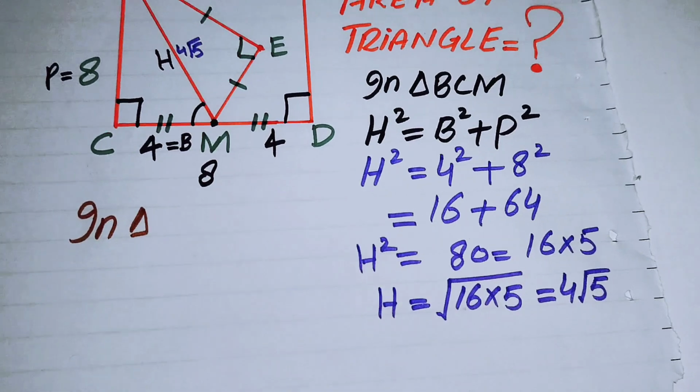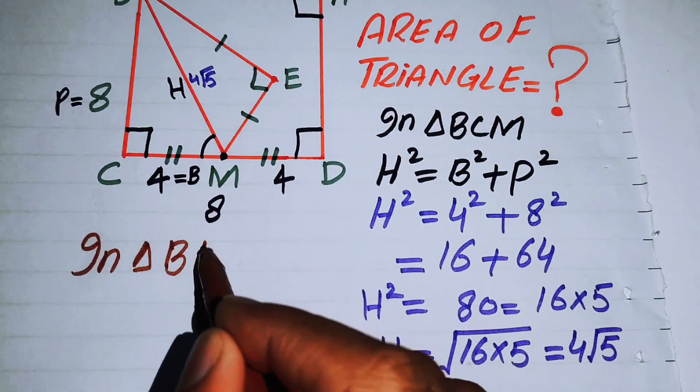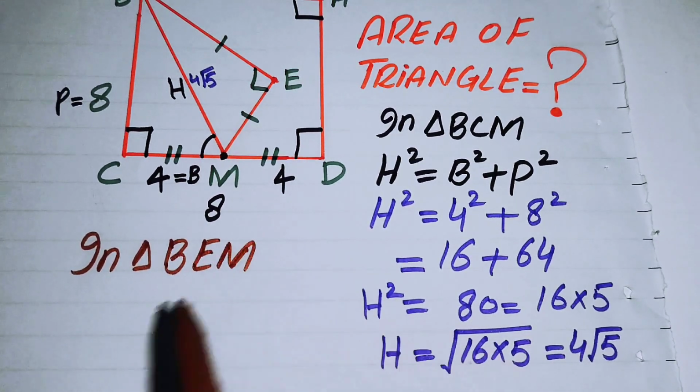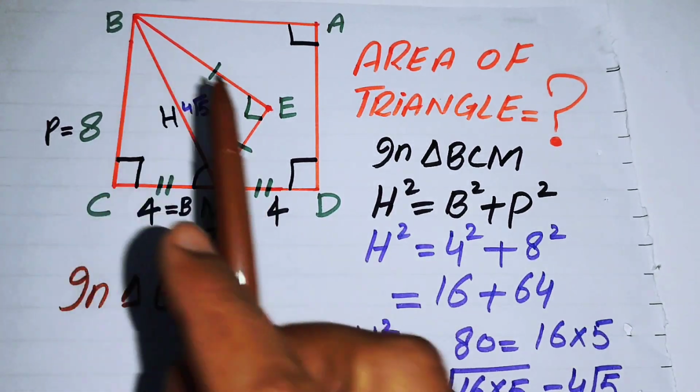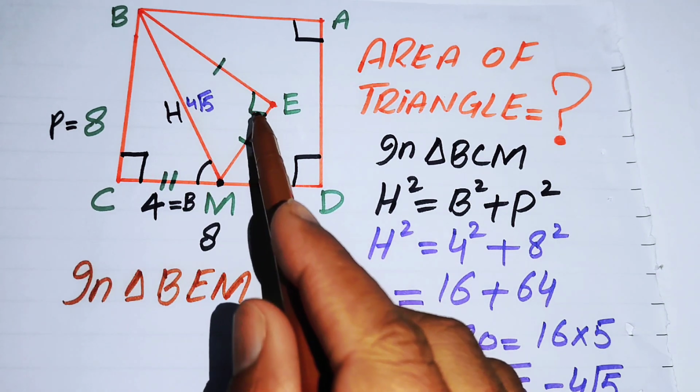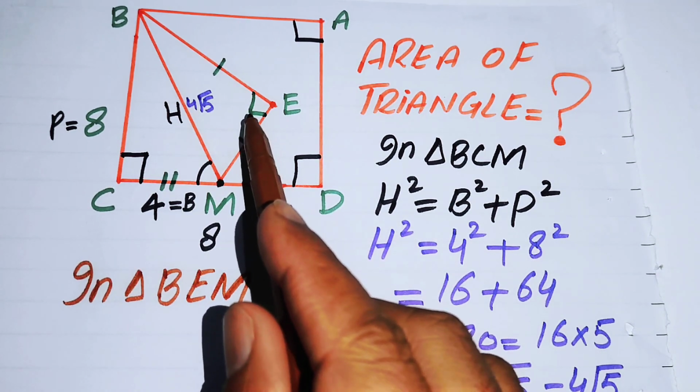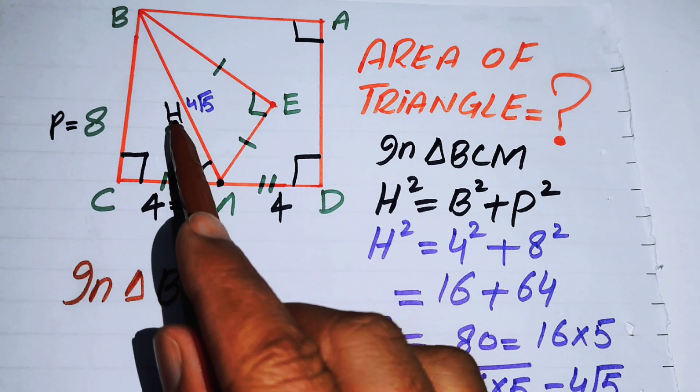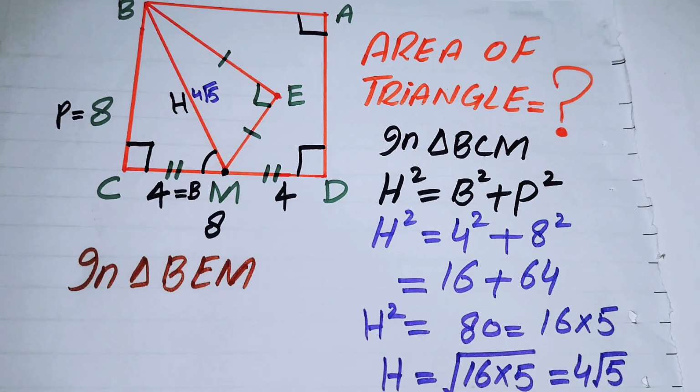Here you see that this is the BEM right triangle. This is our right angle, and the side opposite to the right angle is the hypotenuse, and the other two are base and perpendicular.